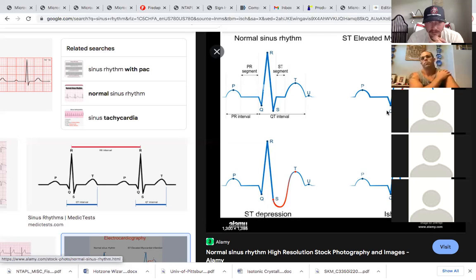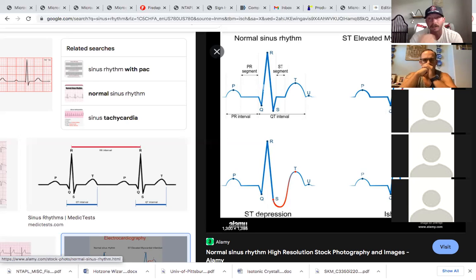Contiguous leads means that it's looking at a heart that's perfused by the same coronary artery. And if I see ischemic changes in contiguous leads, I'm then going to look in the reciprocal leads, or the opposite side to where that coronary artery is, to see if I have reciprocal changes, which would, for an example, be signs of injury, so elevations.